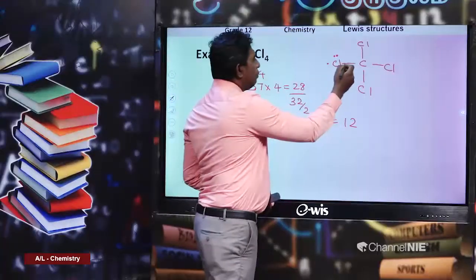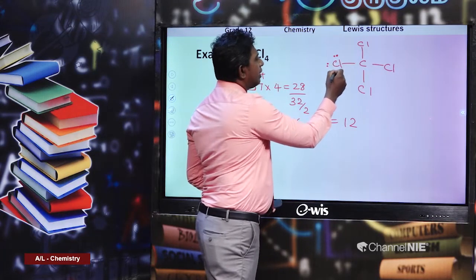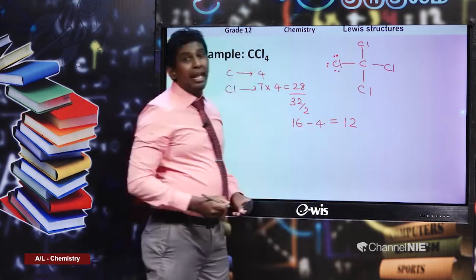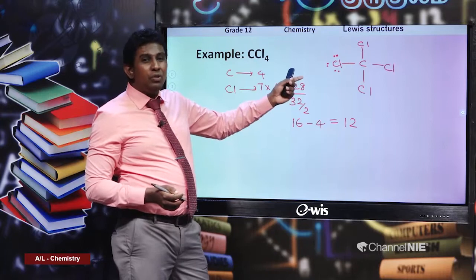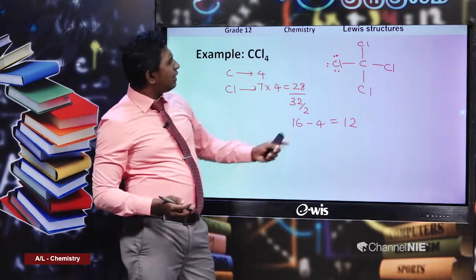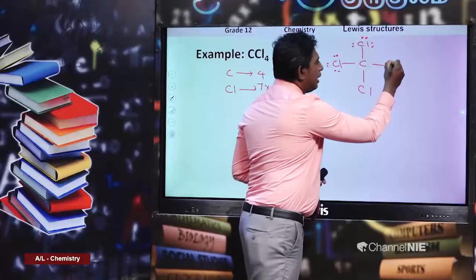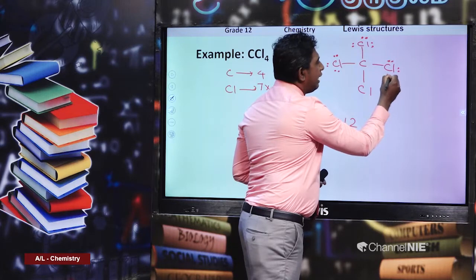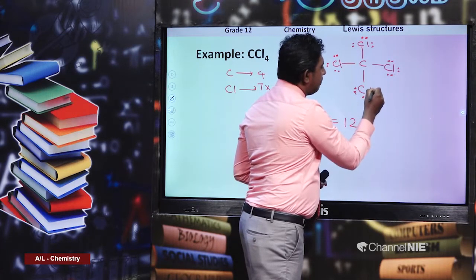So it's 2 from the bonding and another 2 by the lone pair, then another lone pair makes it 6, and another lone pair, then it's 8. Then it's 3 pairs it took to complete the octet. Let's place 3 lone pairs on each chlorine. It's easy.